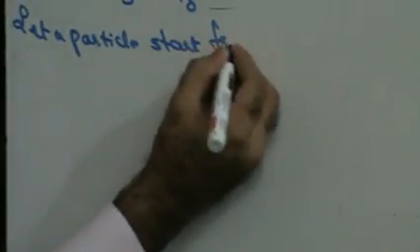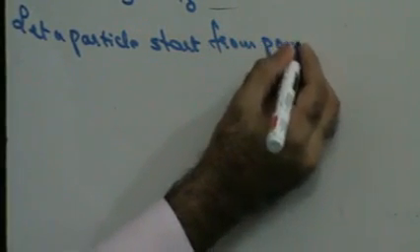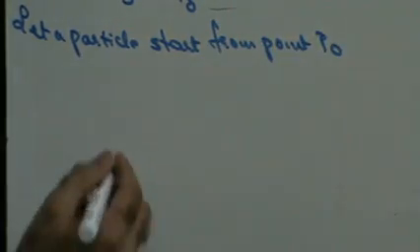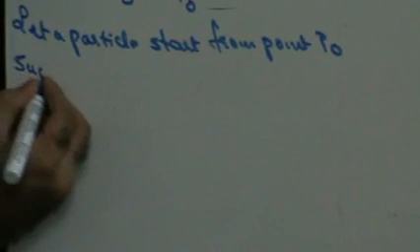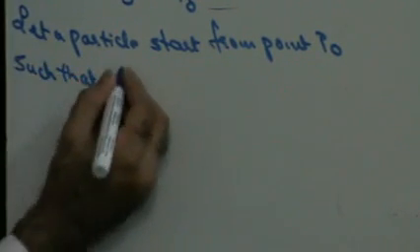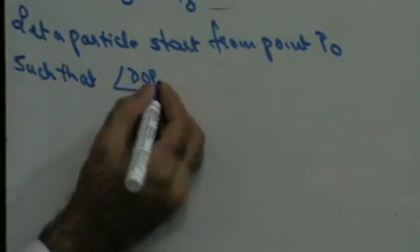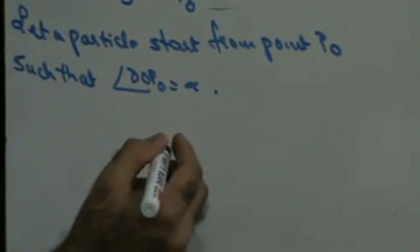Particle starts from point P0 such that angle DOP0 is alpha, right?